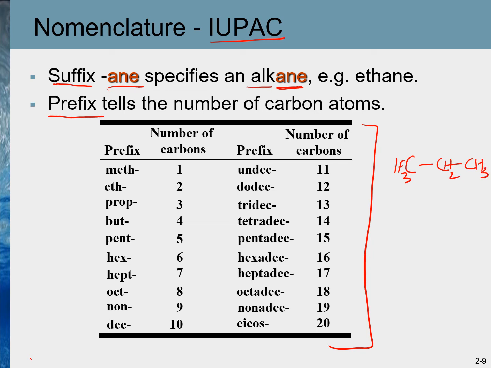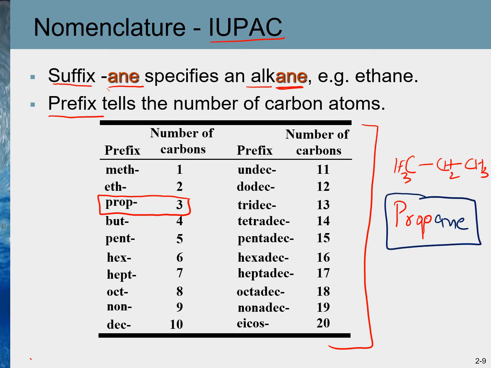Because it's a 3 carbon long chain, we will use the prefix for 3. The prefix for 3 is prop. And because it's an alkane, we will attach the suffix for the alkane, which is ane. So hence the name of this compound will be propane.